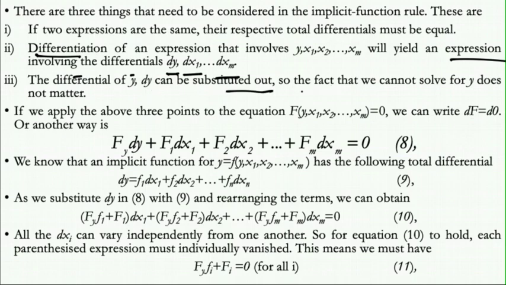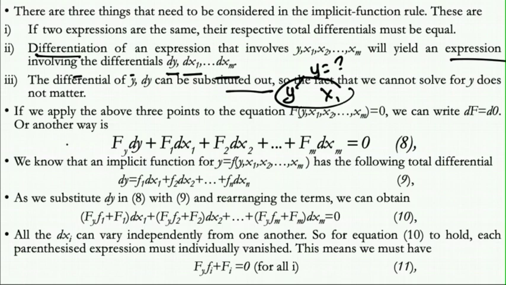So the fact that we cannot solve for y does not matter. Like I said, you want to see the relationship between y and x1. You don't need to find what y is equivalent to. Sometimes we cannot get it, but our interest is the relationship between y and x. So you convert the explicit function into the implicit function, and then you find the derivative.